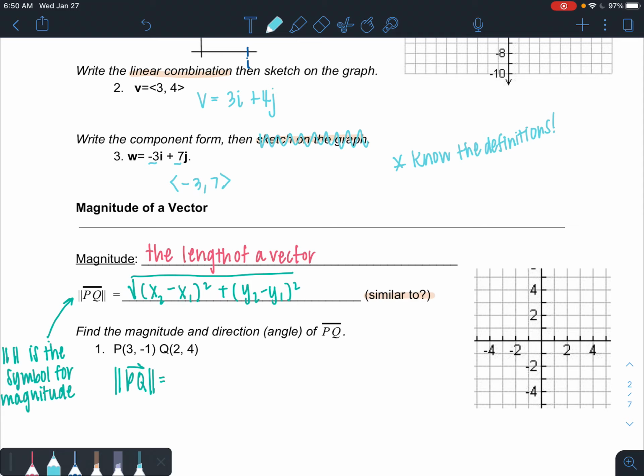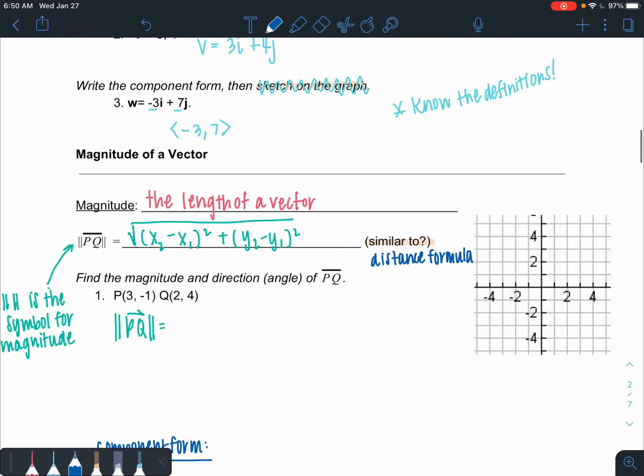So what is that similar to? You should have thought of the distance formula, because that is what it is. And that is what we're measuring. So we're measuring the distance from P to Q, and therefore the length of it, or magnitude.